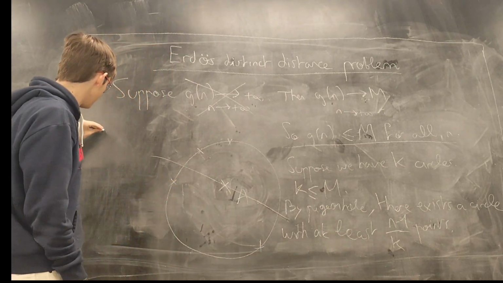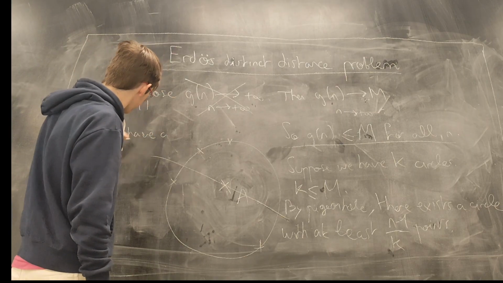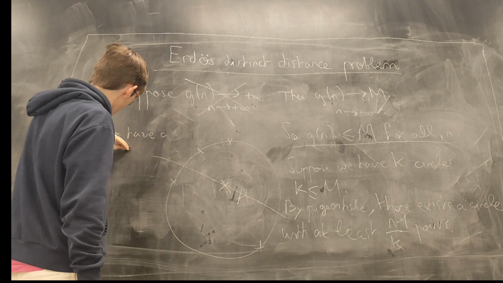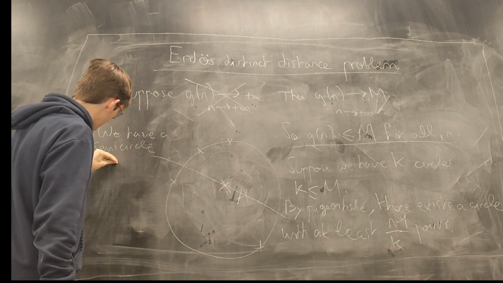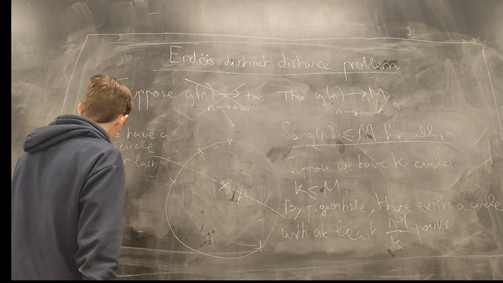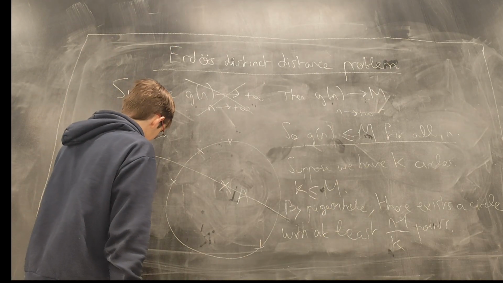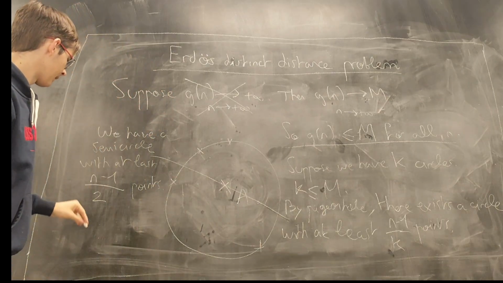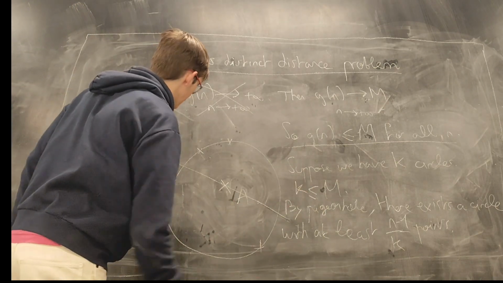So generally, we have a semicircle with at least n minus 1 over 2k points, this bound divided by 2.